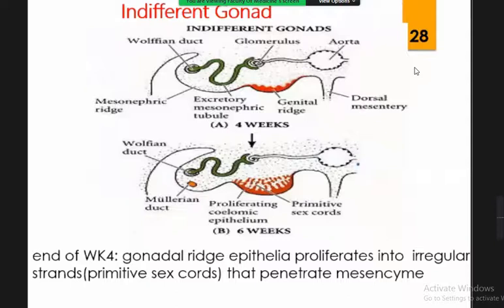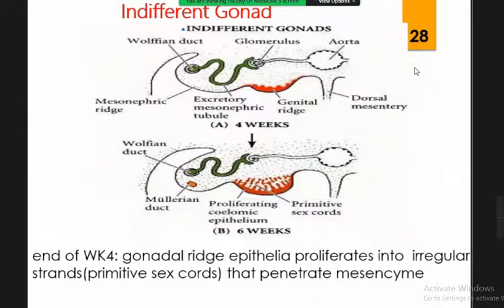So when you talk about the indifferent stages, we shall talk about 3 indifferent structures. We shall talk about the indifferent gonad, and later on we see the fate of this indifferent gonad, and that will be the same case with the indifferent duct systems, or the indifferent internal structures, and the indifferent external structures.